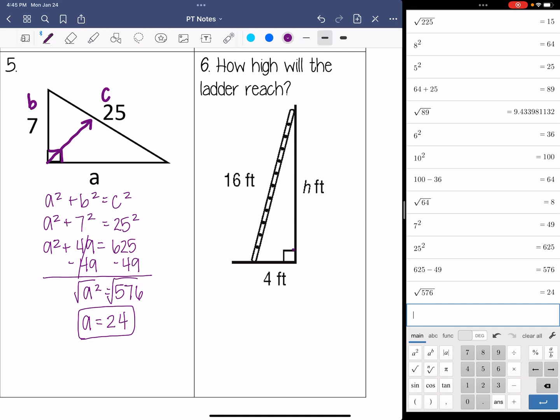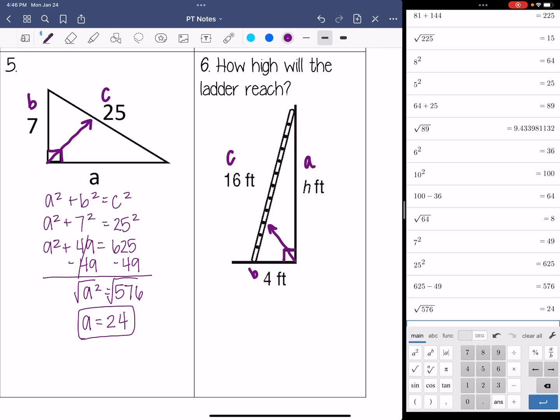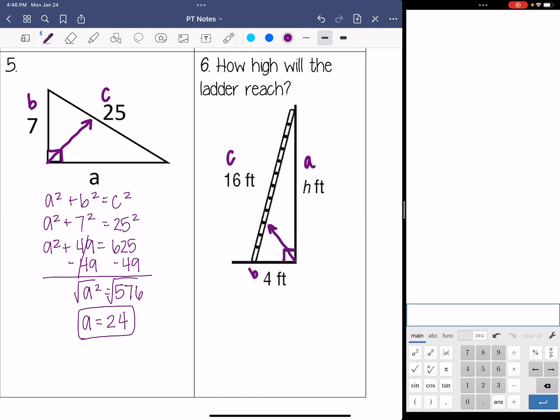So again, start off by identifying your 90-degree angle and draw an arrow that points to C. So here, this is the base of my triangle, so I like to label this as B. And since this is the height of my triangle, I like to label this as A. With that being said, we can now write our formula down, which is A squared plus B squared equals C squared.